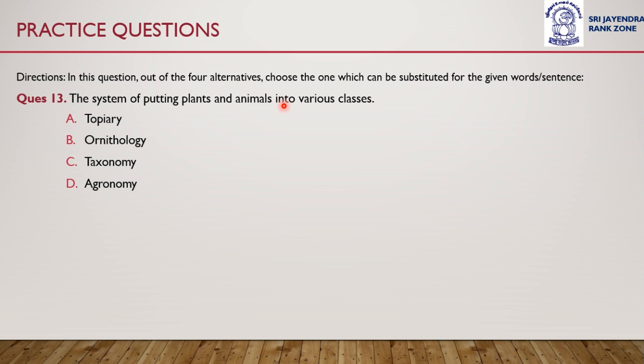Which of these options can be used for a system of putting plants and animals into various classes? That is categorization of plants and animals. Is it called topiary, ornithology, taxonomy, or agronomy?